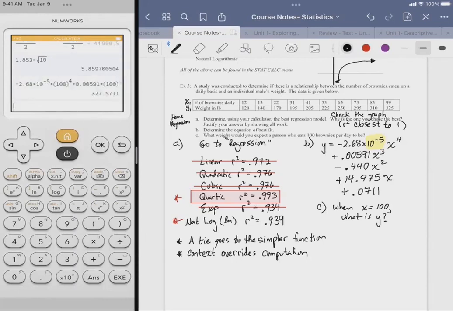So what you're actually computing here is Y of 100. All right, that's function notation, not Y times 100. If you think back to f of X, it's the same idea. This gives a value of 327.571.